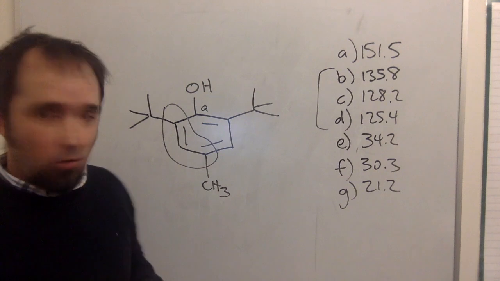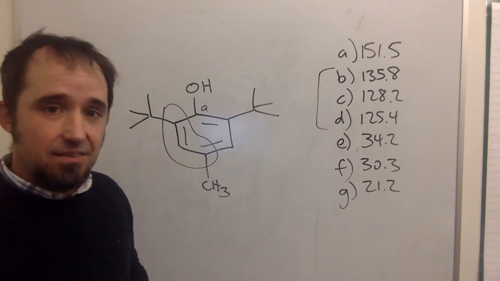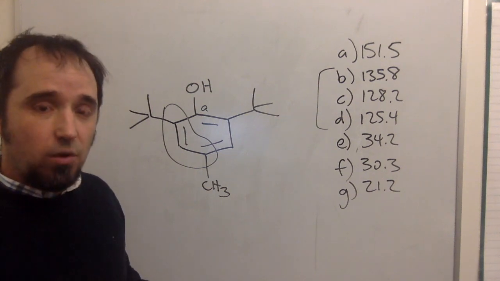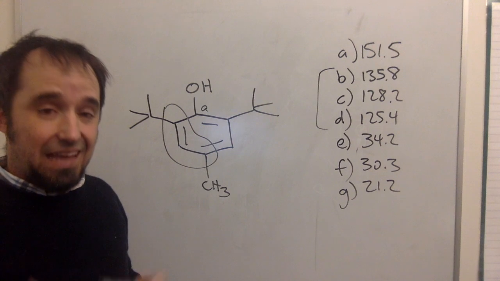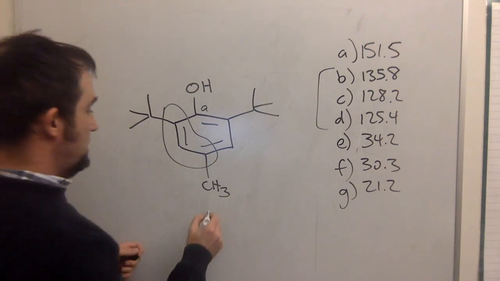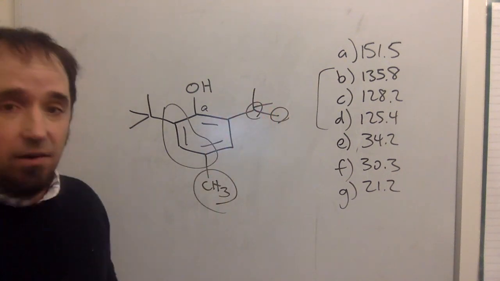For today, we won't worry about which one is which, but they're all in that box. For E, we've got 34, 30, and 21, so those are all going to be the sp3 carbons not bound to oxygen, so here, here, and this quaternary carbon.